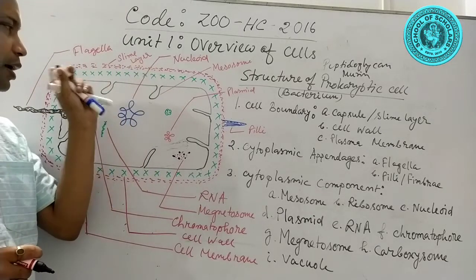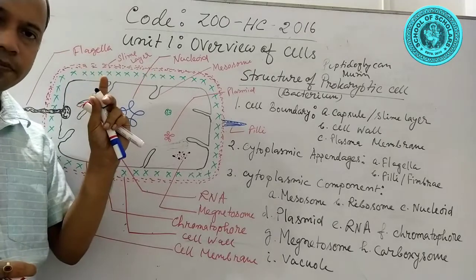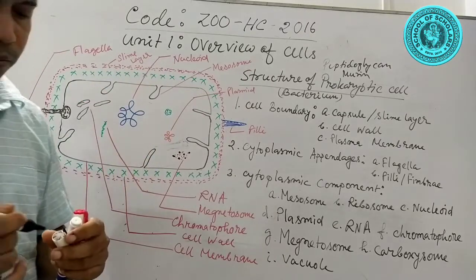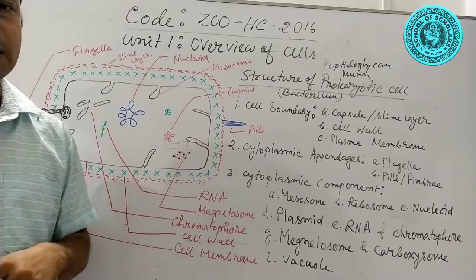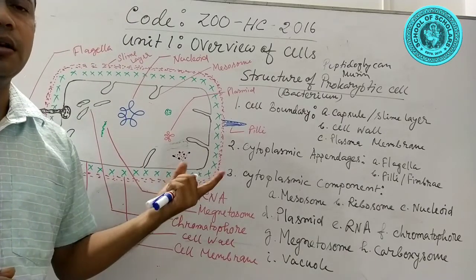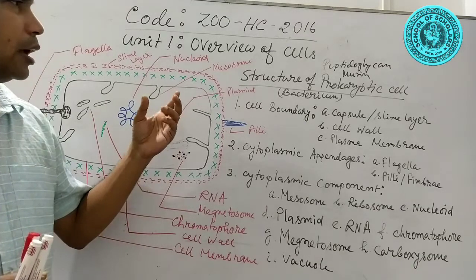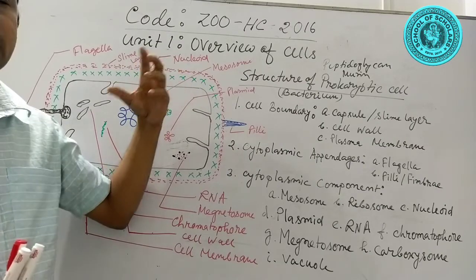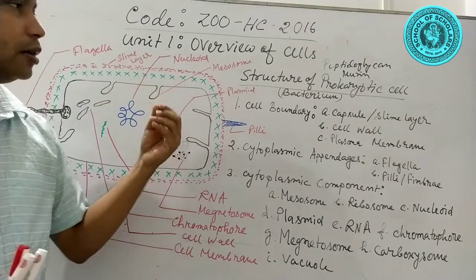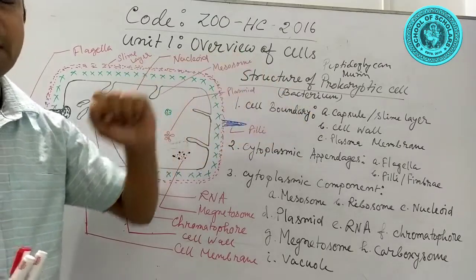Then the external layer which is present outside the cell wall is the capsule. The capsule is also formed of polysaccharide and protein, and when this layer contains a lot of water, it is called the slime layer.